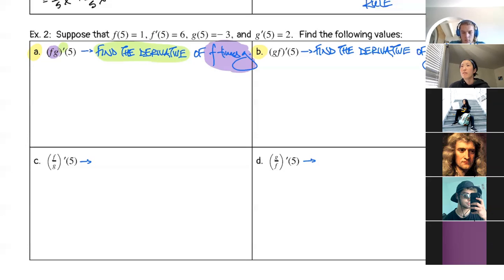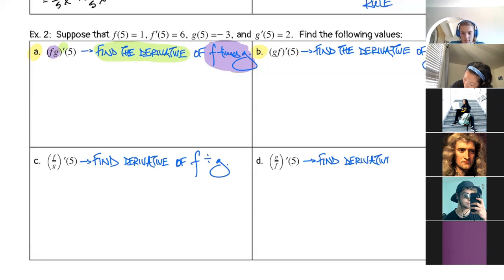The derivative of F divided by G or G divided by F. Okay, so find the derivative of F divided by G. And this one says find the derivative of G divided by F.